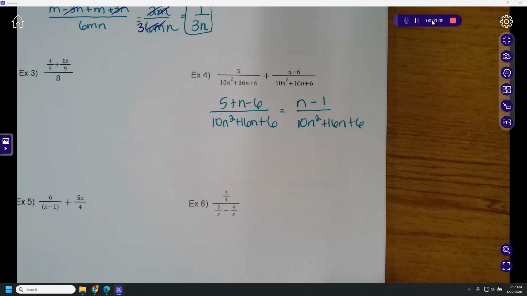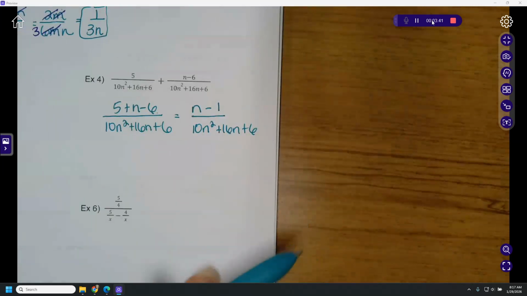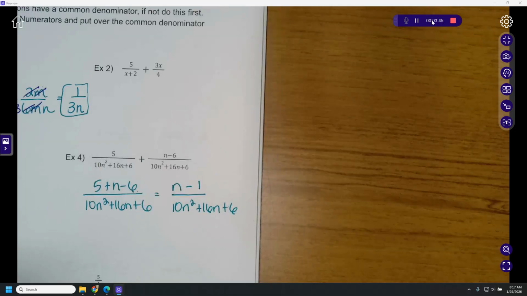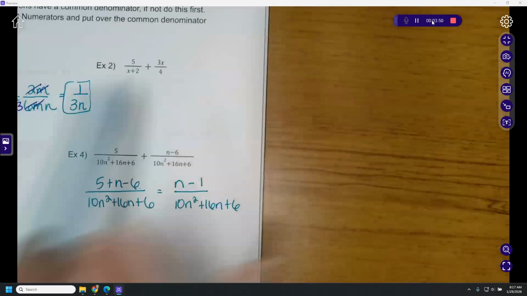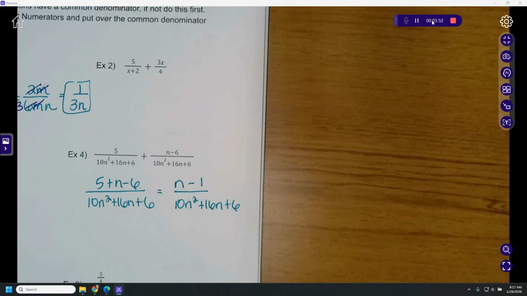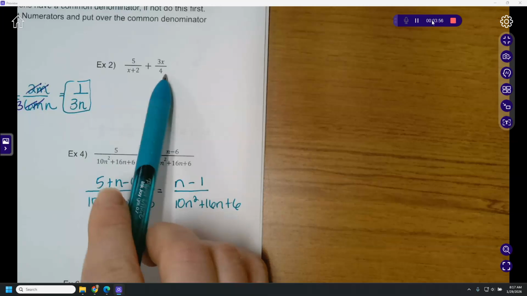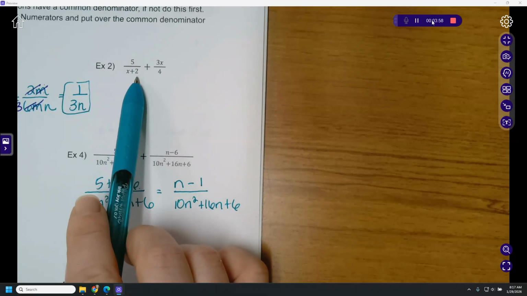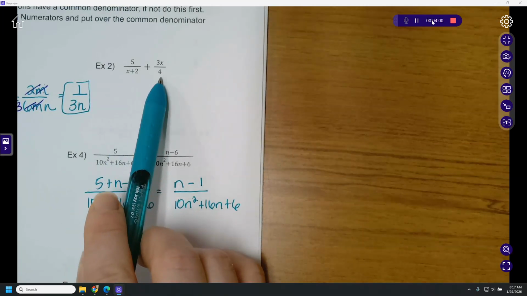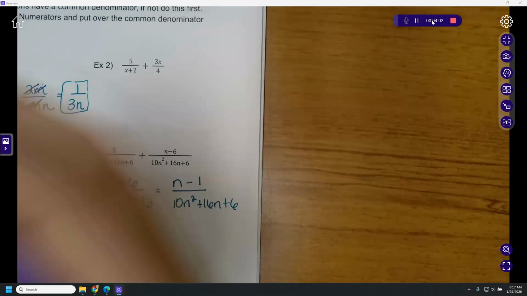Okay. Then let's look at a couple other different types of examples. So what if I had run across something like example 2? In example 2, I have 2 different denominators. The simplest way to do that is to just take this one, because there's an x plus 2, and multiply by 4. But I don't know if you remember this with common denominators.